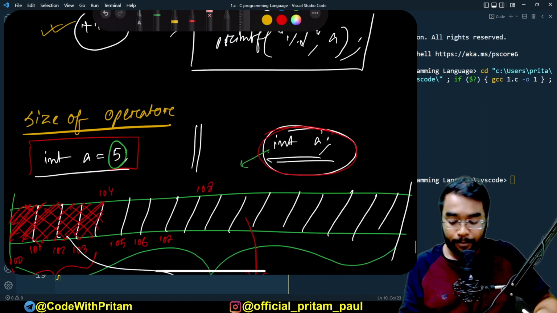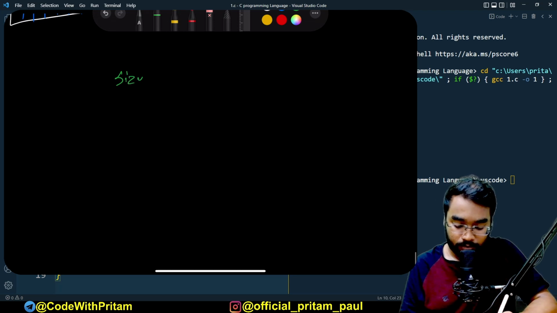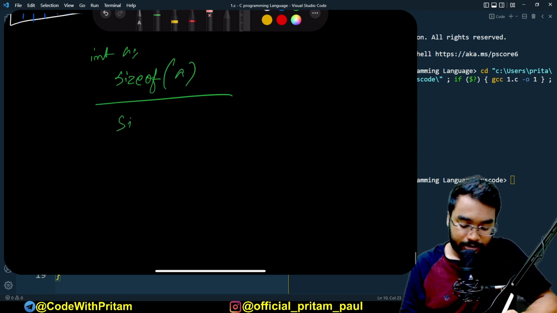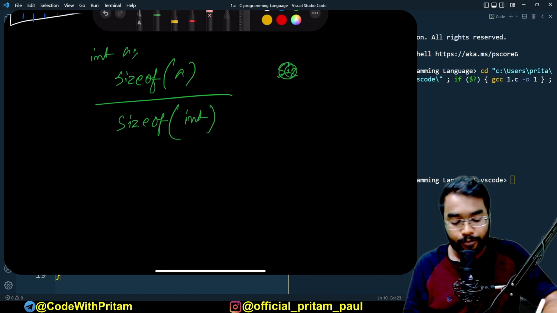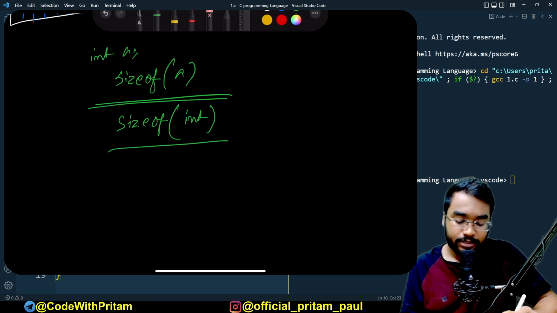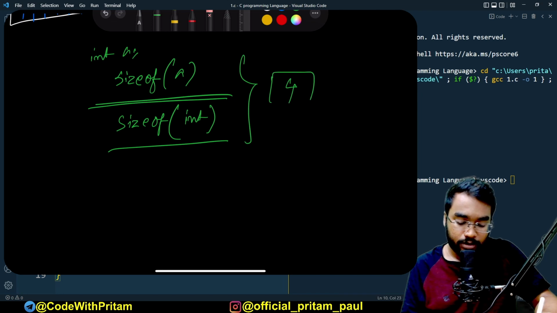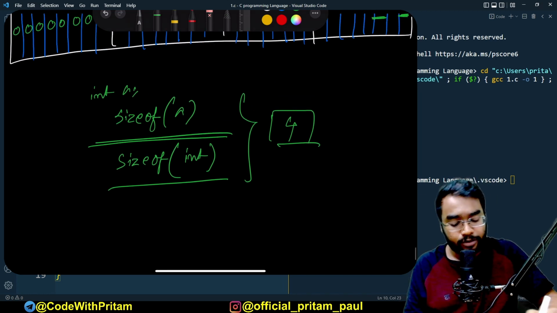Now what does the sizeof operator actually do? It returns the size. For example, if you write sizeof int a, then sizeof a, or we can use sizeof int here also, and it will return 4, as in our computer, whether it is a 64-bit or 32-bit operating system, it would return 4.